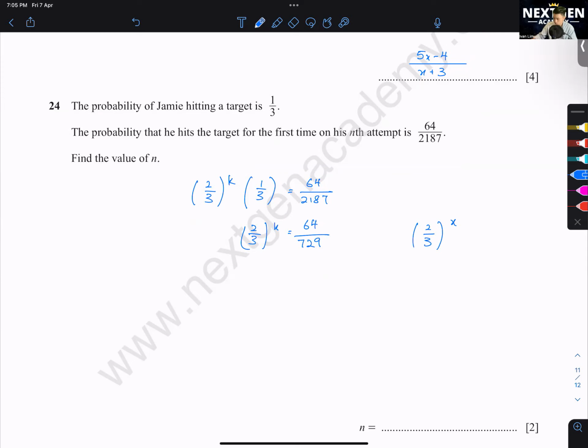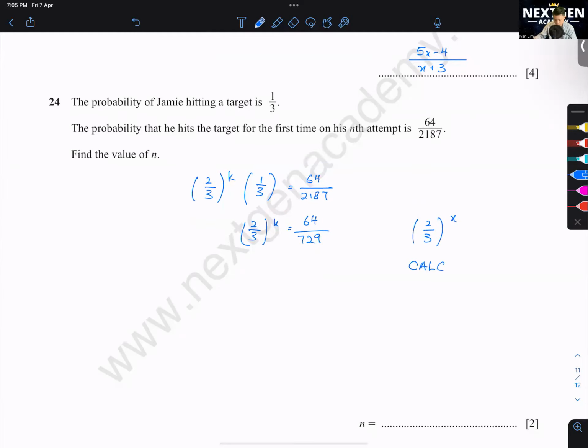Then we use the CALC button and try values. CALC 2, you get 4 over 9. You can just write it at the side. When my k is equal to 2, 3, 4, 5, you keep testing. What's my value? k equals 2.